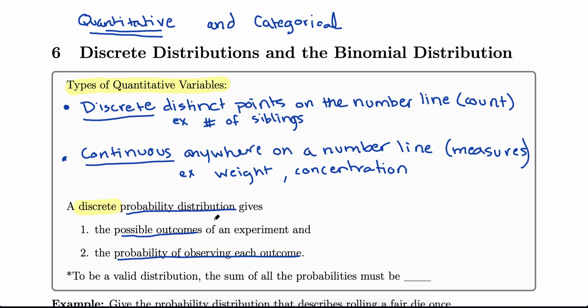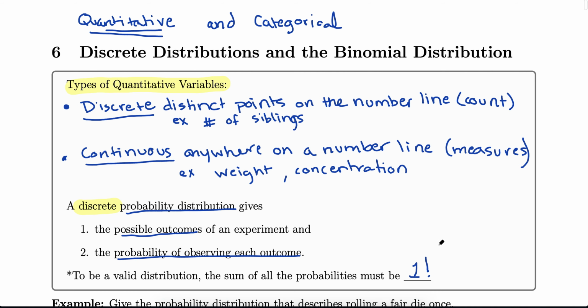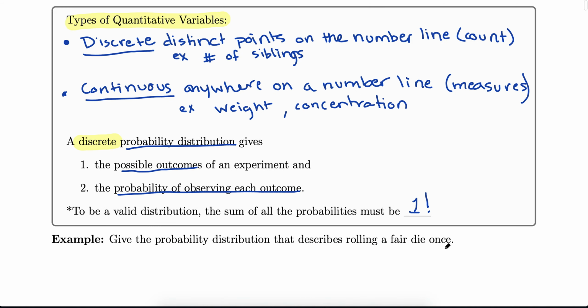This might sound like the data distribution, except we don't need data to come up with this discrete probability distribution. And as a side note, if we add up all the probabilities of all possible outcomes, we should get 1, meaning it represents 100% of the possibilities in that particular experiment or distribution.